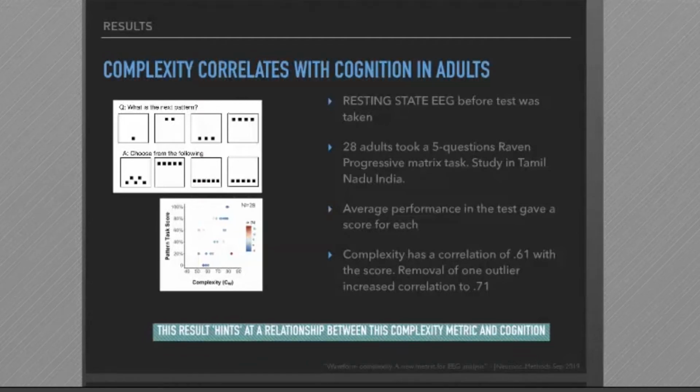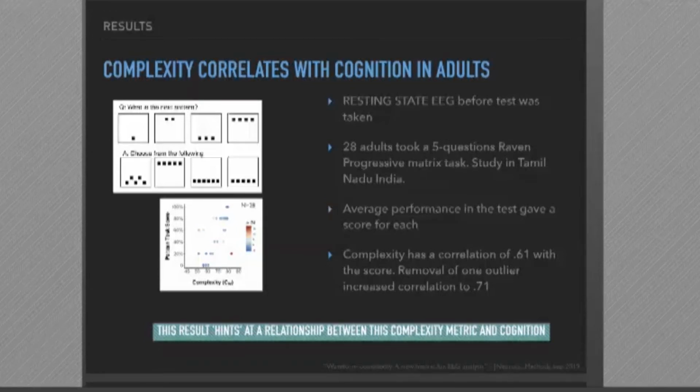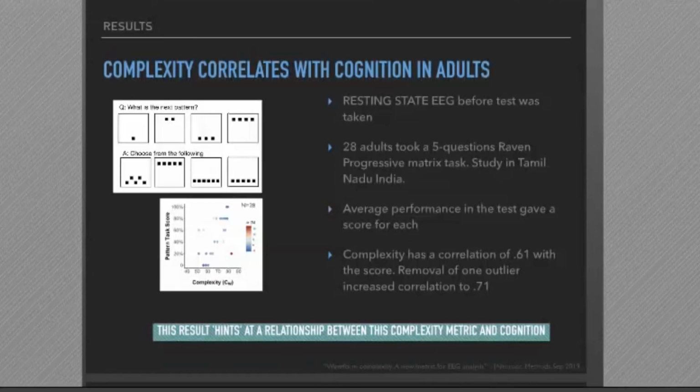And what we noticed was a surprisingly strong correlation between the score in this pattern task and the waveform complexity. And we can see that the correlation shown here is as high as 0.61. And here the color in fact represents the change in this correlation once one single data point is removed.